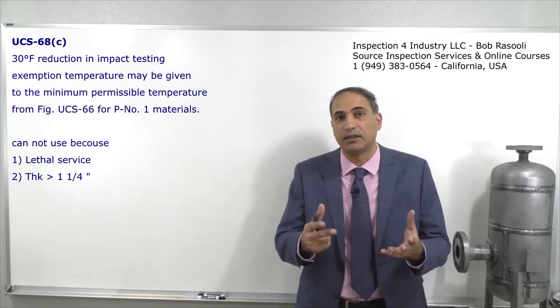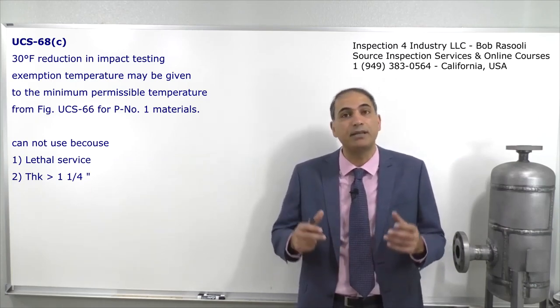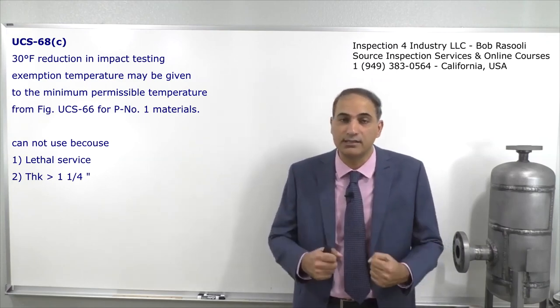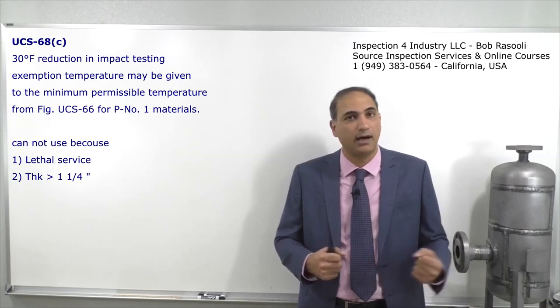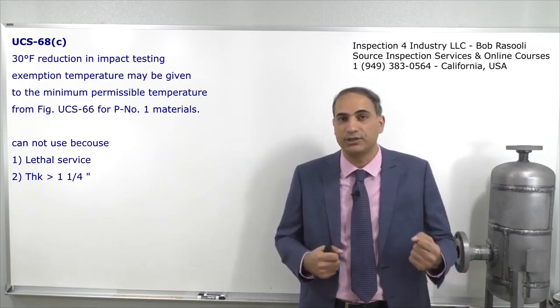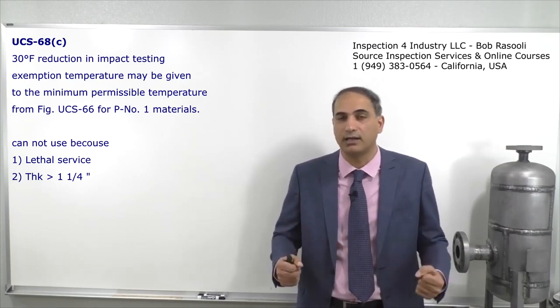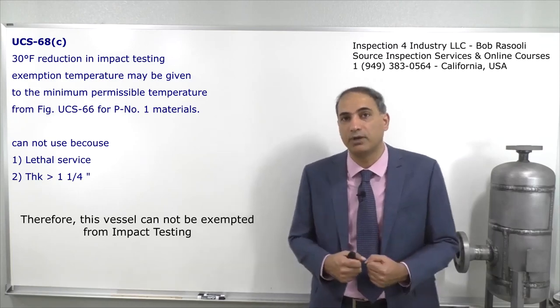But UCS-68(c) says if PWHT is not required for you and you are doing it by your own choice, voluntarily. That is not going to work here, because I am compelled and forced to do the PWHT.